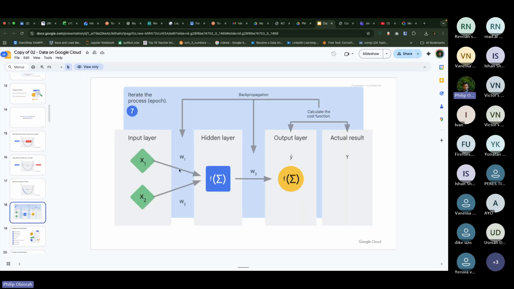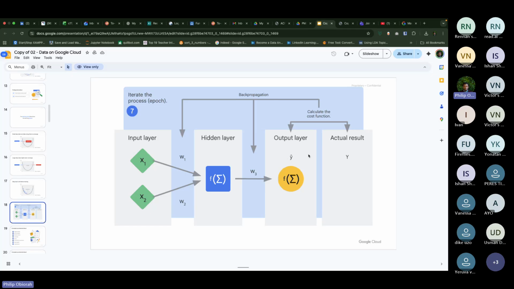This is what happens. And these weights we keep adjusting, and that's what we call backpropagation. When we have an output at the output layer, it calculates the cost function. It compares it with the actual result. How far away is it from y, which is the actual result?